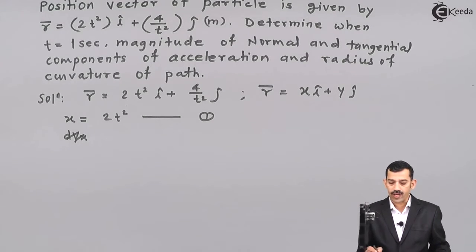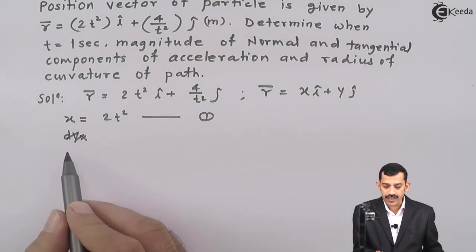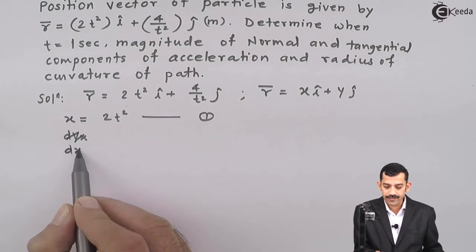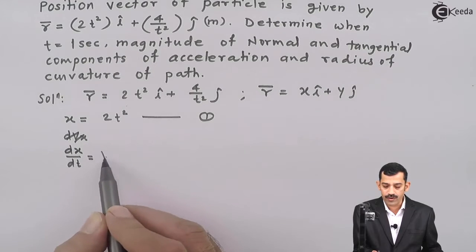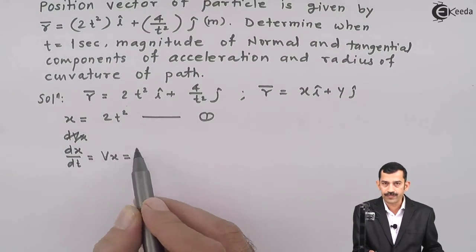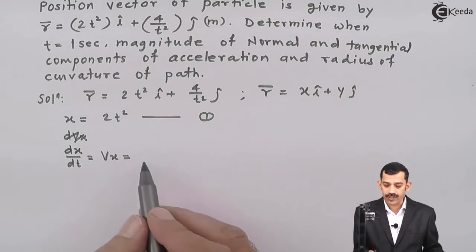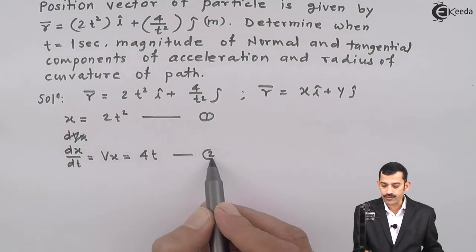Differentiating equation 1 with respect to t, we will get dx by dt. dx by dt is nothing but the component of velocity along x-axis, which is equal to the differentiation of 2t square, that is 4t. This is equation number 2.